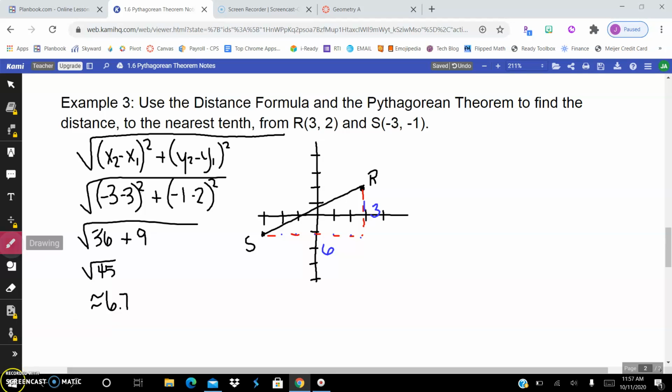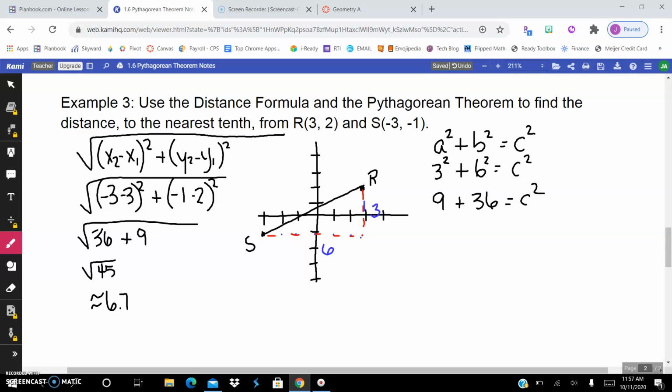And then we plug all of our information into the Pythagorean theorem, which is a squared plus b squared equals c squared. And our legs are 3 and 6, so 3 squared plus 6 squared equals our c squared. So 9 plus 36 equals c squared. 9 plus 36 is 45.